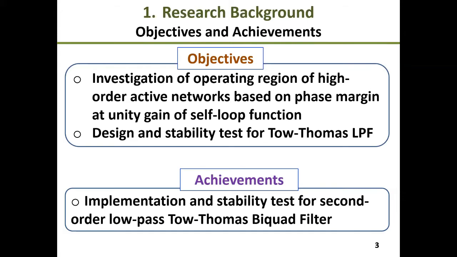They can be designed in differential topology or as complex filters. So if you don't know well the behavior of a second order active network, it's very difficult for us to optimize the third order, the fourth order, or higher order low-pass filter.